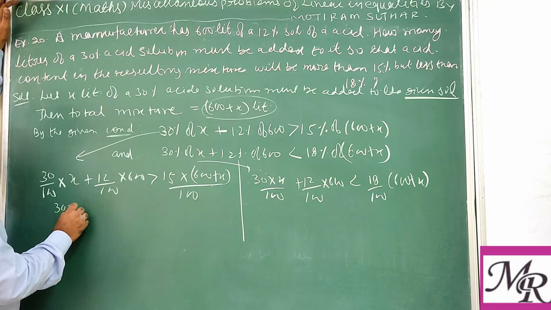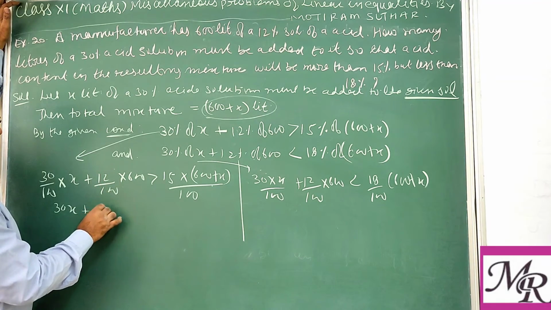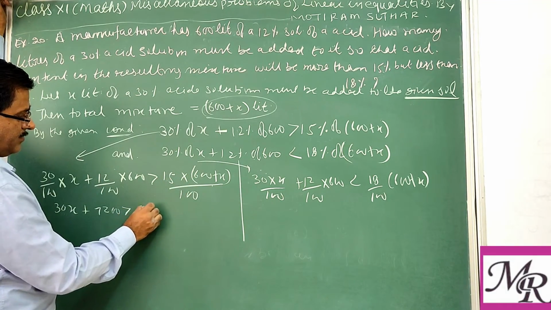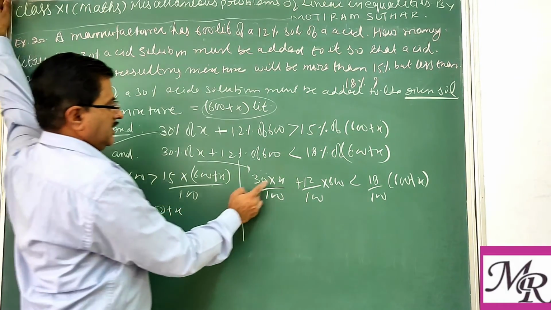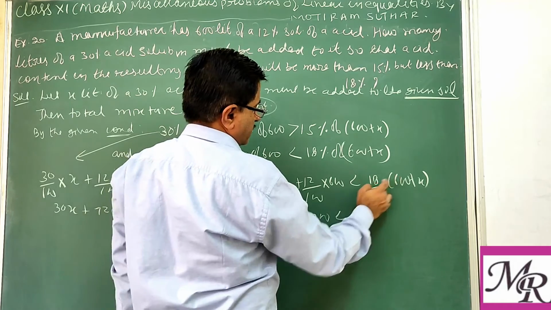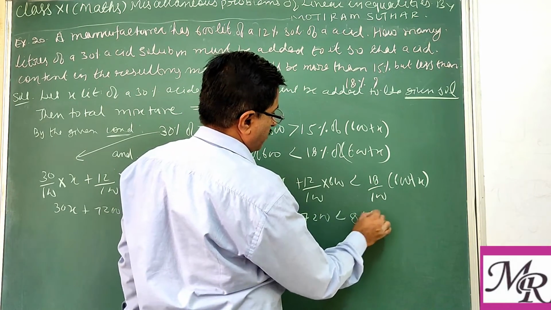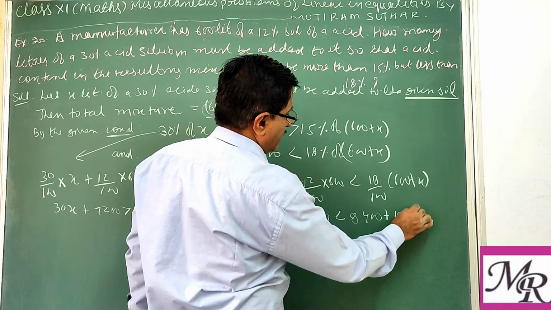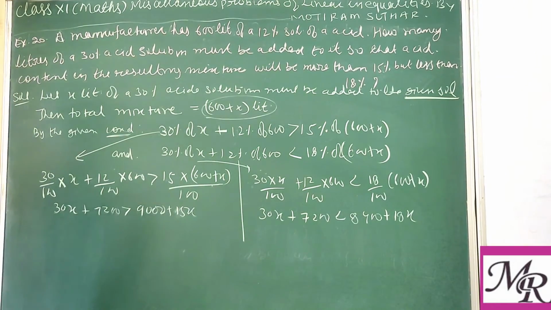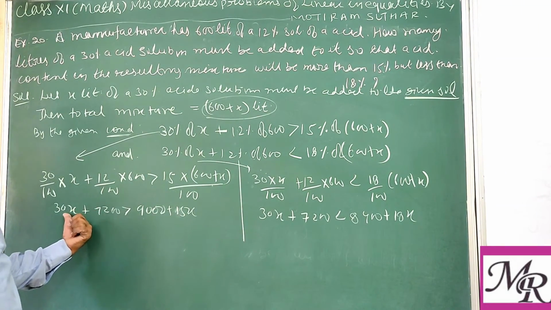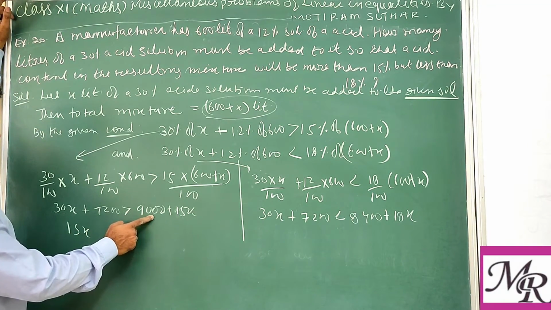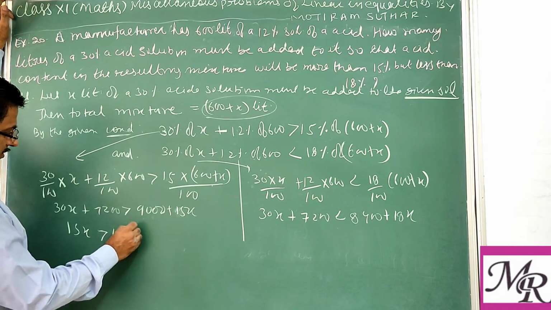So this is 30x plus 6 into 12, 72. Now 15 into 6, that is 90 plus 15x. Similarly here 30x plus 72 into 100, less than 18 into 600, 10800 plus 18x. Now you can easily solve: 30x minus 15x, that is 15x, greater than 9000 minus 7200, that is 1800.